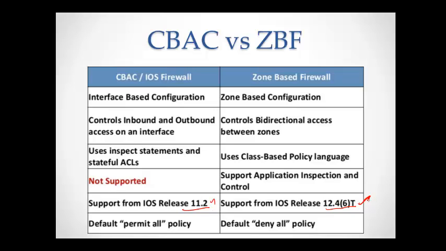If you go back 12 years from now, those routers don't support it, because this came around 10 years back, 12.4. Right, as we already know, CBAC is permit all, zone-based is deny all.